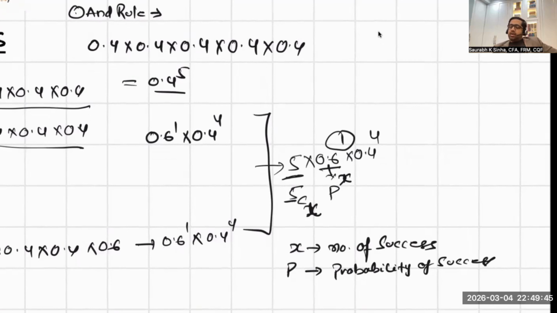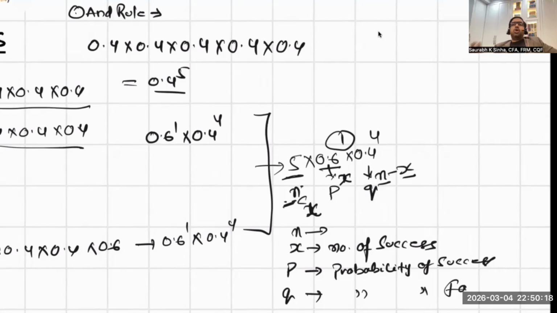What about 4? 4 is the probability of failure. Let's write it as Q. Q, probability of failure. And N minus X, 5 minus 1. What does 5 stand for? 5 is the total number of trials, and I'll convert it to N. So the formula that I'm writing is NCX, P to the power X, Q to the power N minus X.